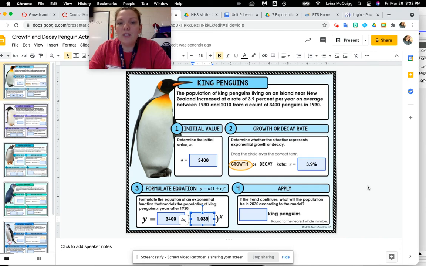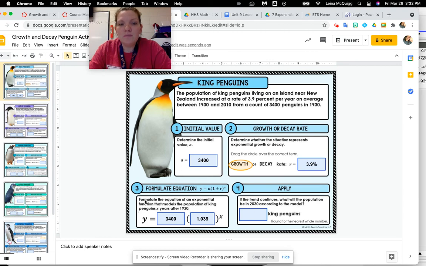If the trend continues, what will the population be in 2030 according to the model? So this equation tells me the population since 1930 after X number of years, okay?